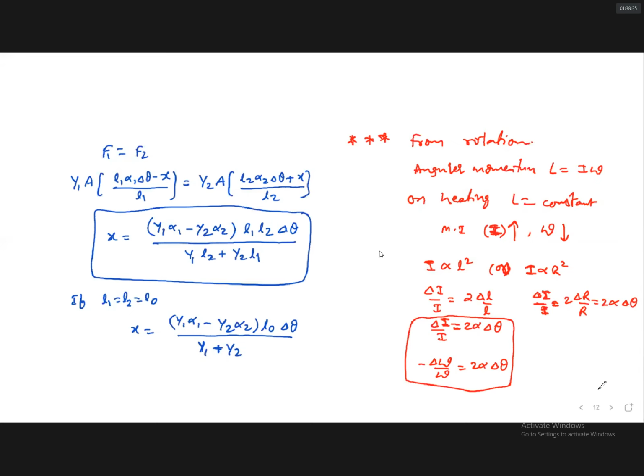Now the variation of density with temperature for solids and liquids.